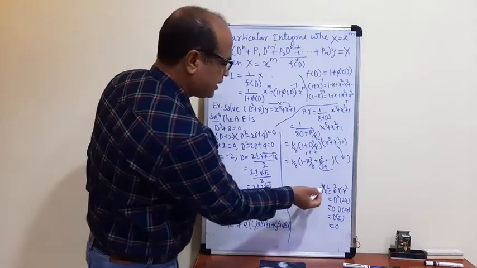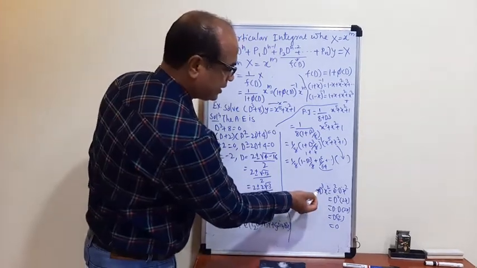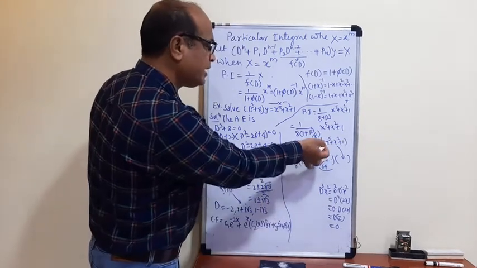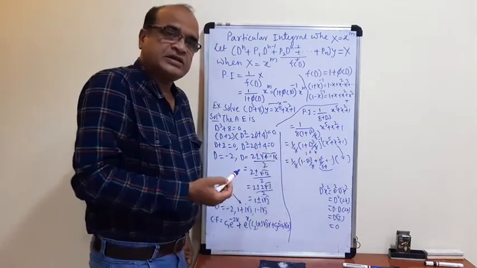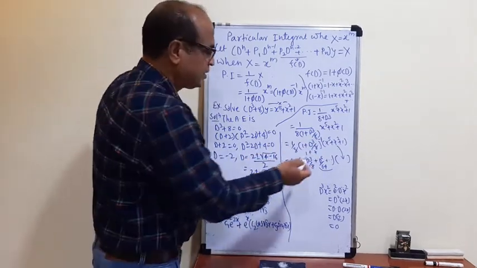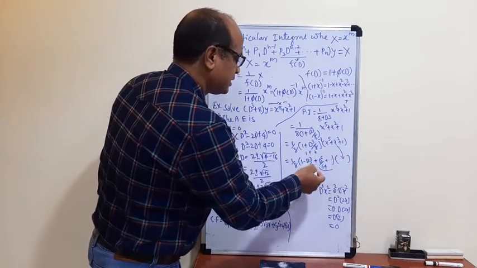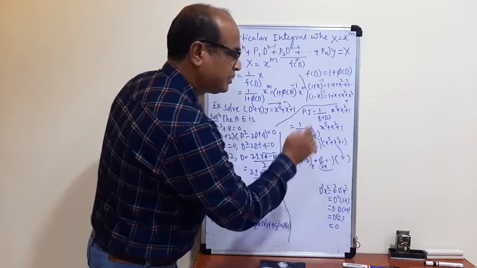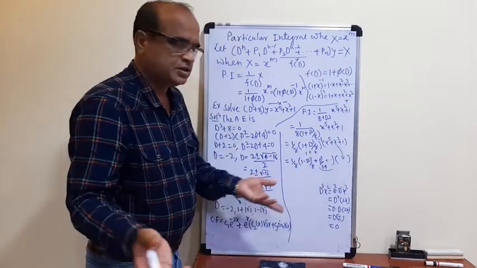So here the degree of x is 2 and we're taking the third order derivative, so this is 0. The degree of x is 5 and 2, and we're taking D raised to 6 as the derivative. So taking the derivative of these terms will give 0 here.